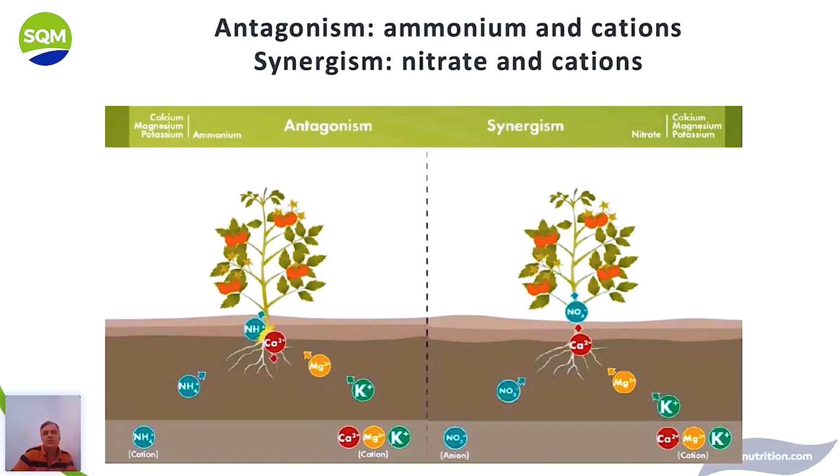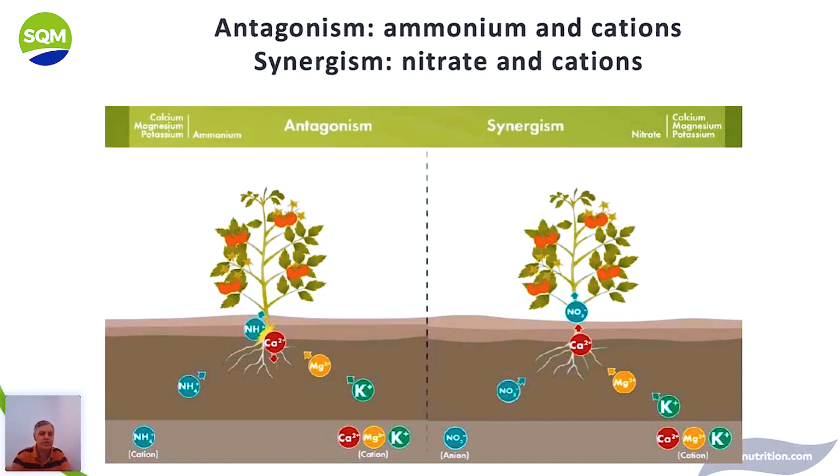If we want to improve the uptake of potassium, we need to increase the amount of nitrate nitrogen in our soil solution, because together with nitrate nitrogen, the plant will uptake other cations. If I apply ammonium, together with ammonium, positive charge, the plant will not uptake potassium, calcium, or magnesium. So that is about the antagonism and synergism in the elements.